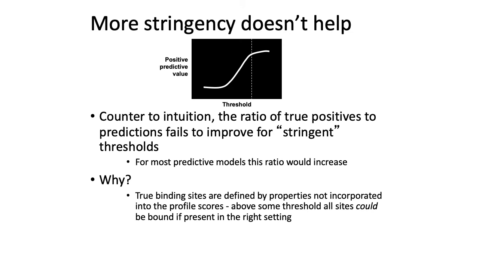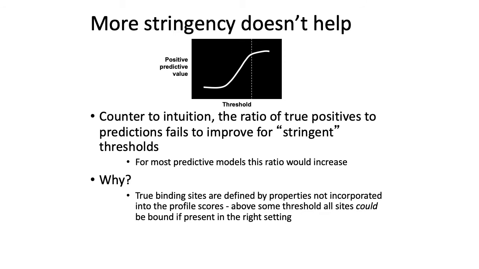And so proponents of PWMs, for example, at first thought, well, I mentioned earlier that PWMs give you a score for determining essentially the likelihood of a TF binding that particular sequence. And so oftentimes in practice, when you're searching for real binding sites in a genome sequence, you'd set a threshold and say, okay, if I see a relative PWM score of at least 90%, then I'll consider that a real binding site.